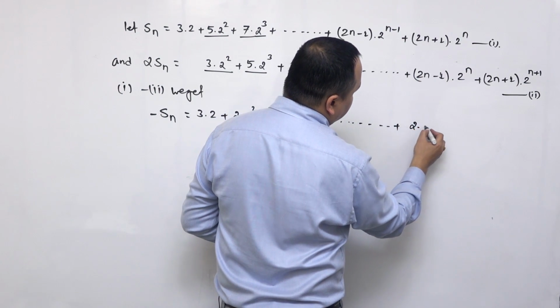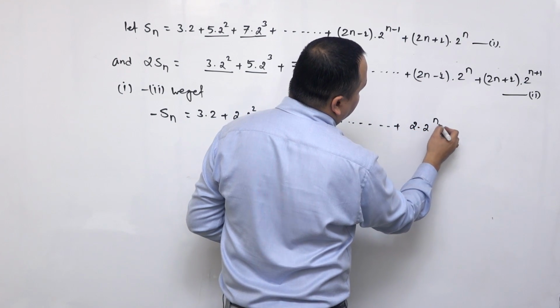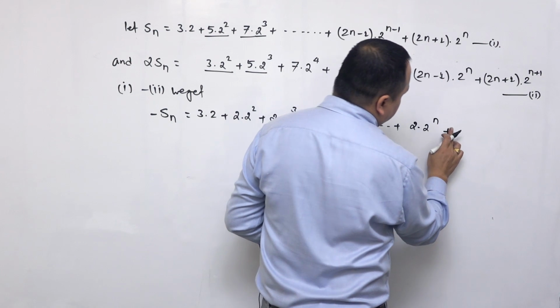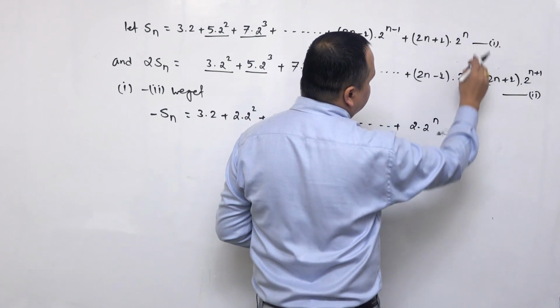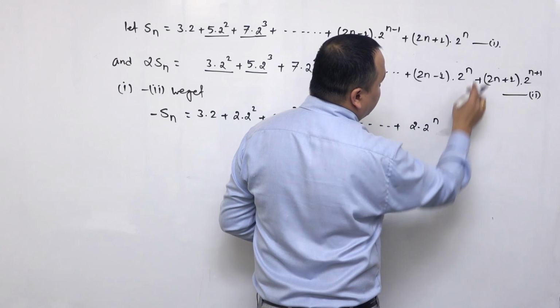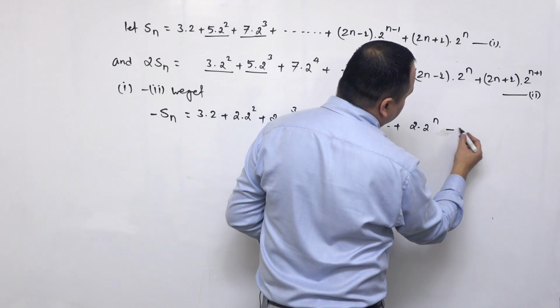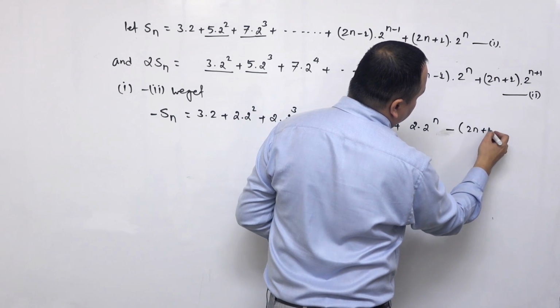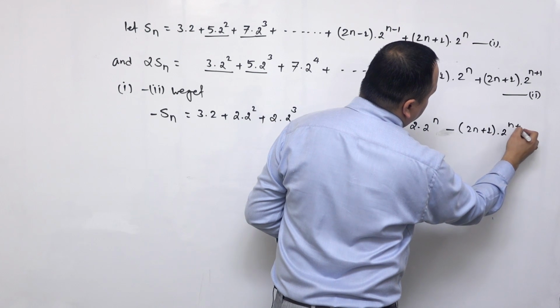This is 2 into 2 to the power n, so I minus II, we get minus 2n plus 1 into 2 to the power n plus 1.